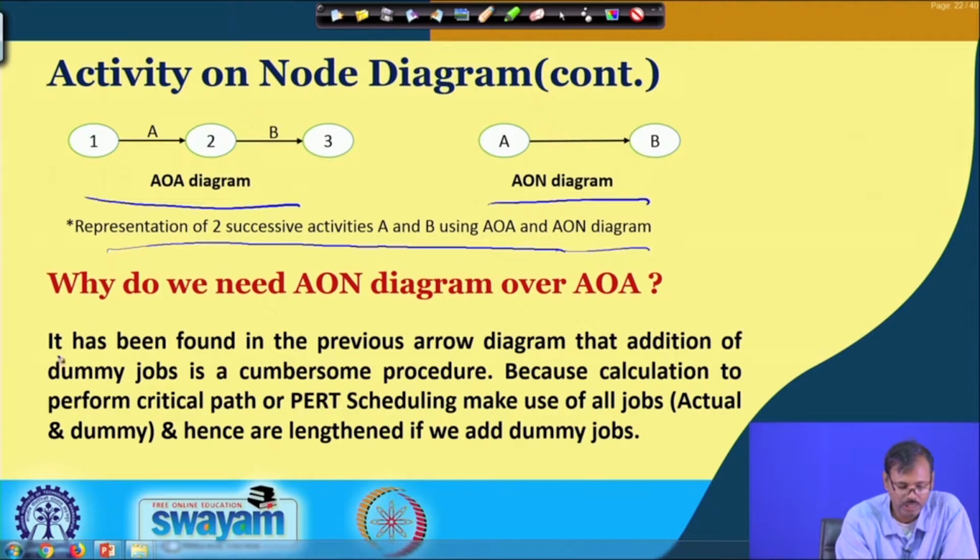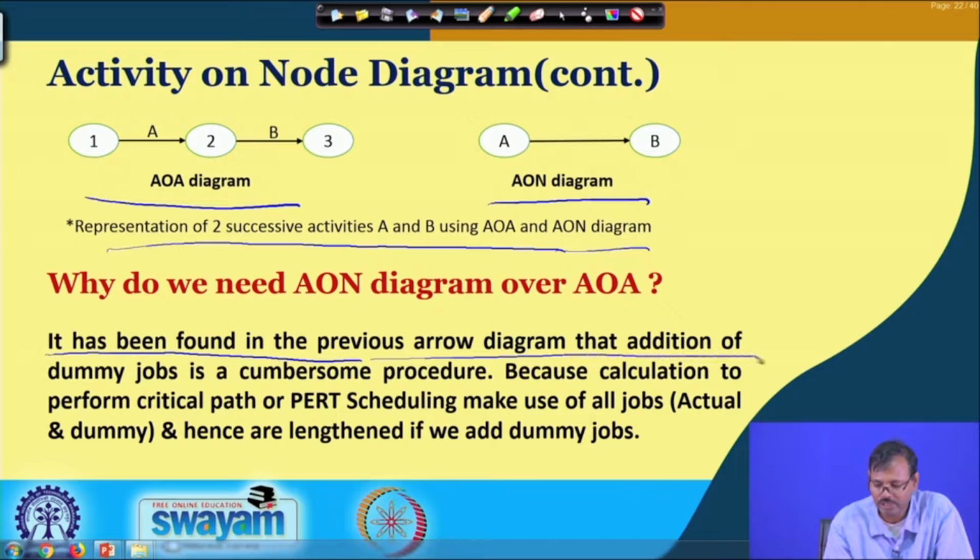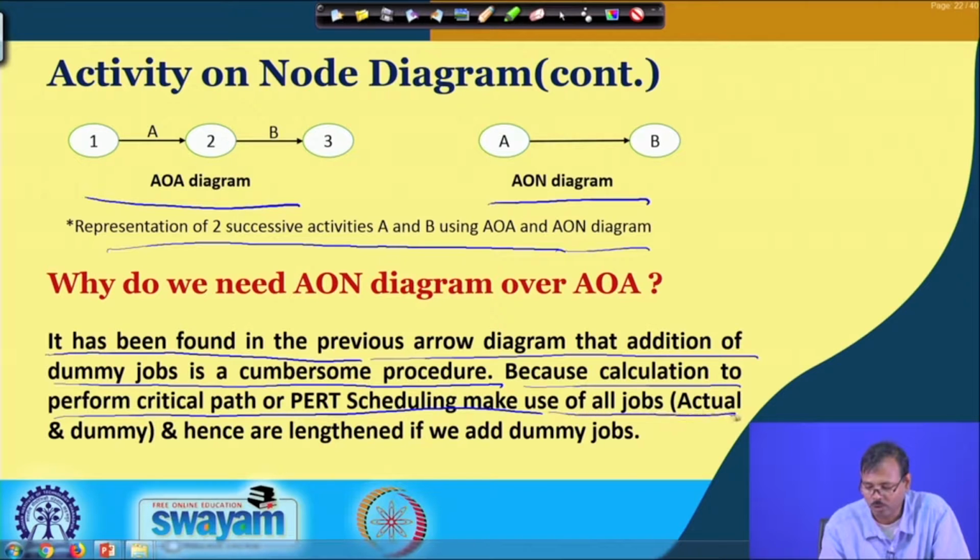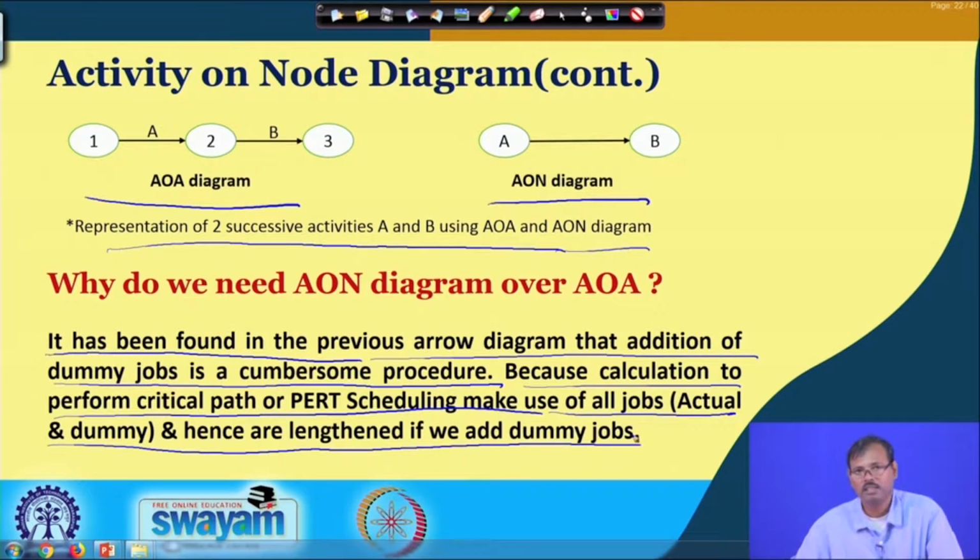And if you see, it is found in the previous arrow diagram that addition of dummy jobs is a cumbersome procedure, because calculation to perform critical path or path scheduling makes use of all jobs, and hence lengthens the calculation part in the system.